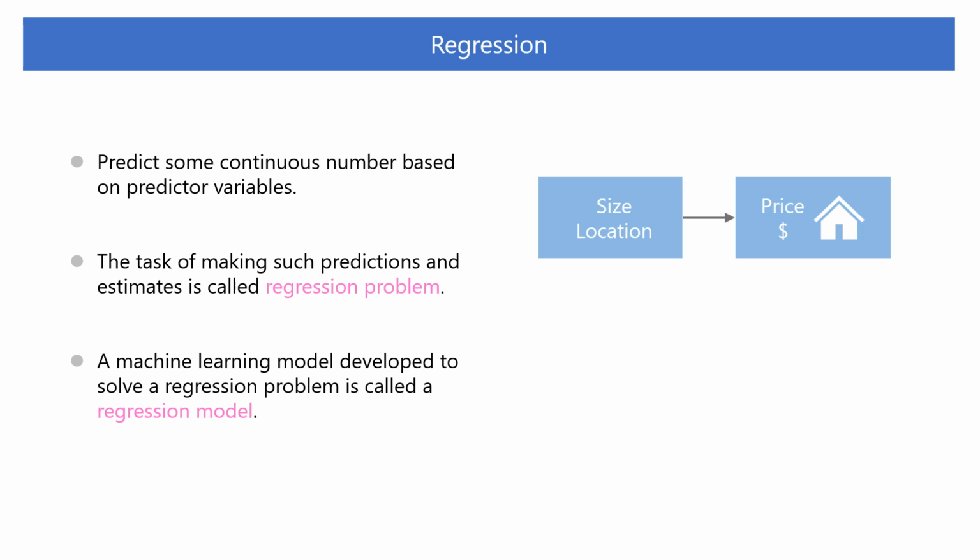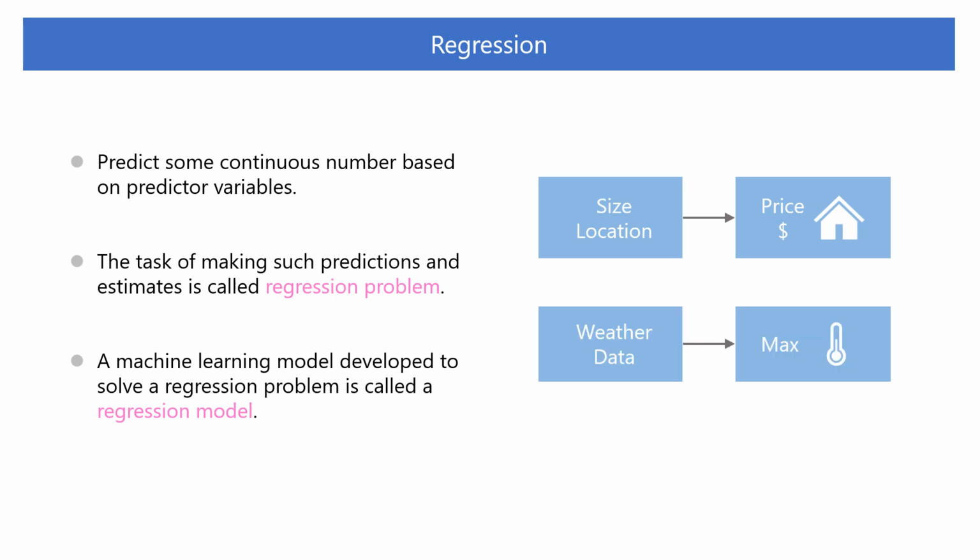An example of a regression problem is predicting the house price based on information such as the size and the location of the house. The house price is expressed as an integer in the smallest monetary unit, but can be regarded as a continuous number.